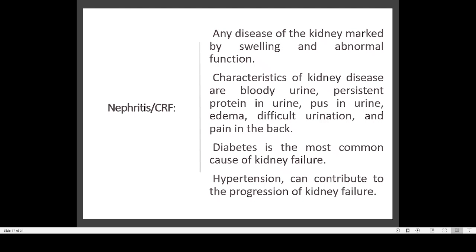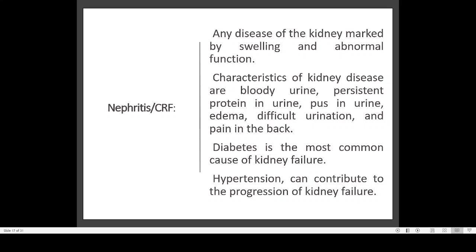One is nephritis. Nephritis is a kidney disease. The most basic functional unit of the kidney is known as a nephron. Here the small nephrons inside the kidney are primarily affected.